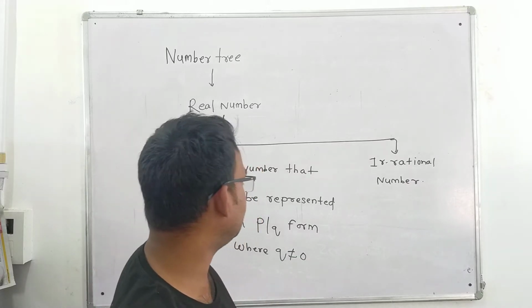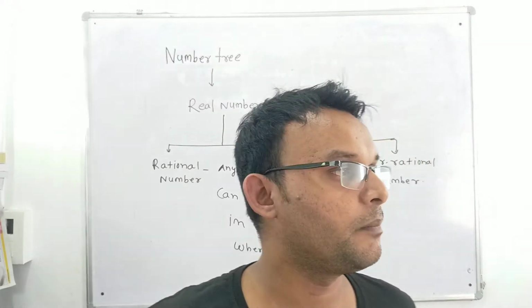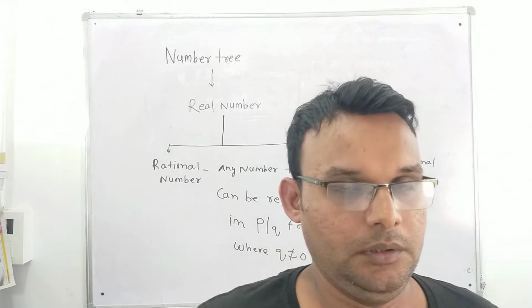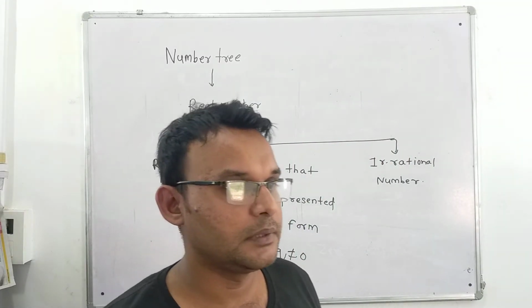Any number that can be represented in p by q form, where denominator q is not equal to 0, is called a rational number.